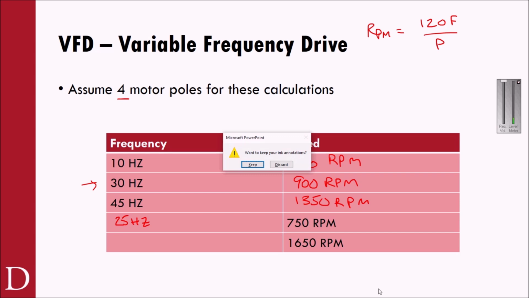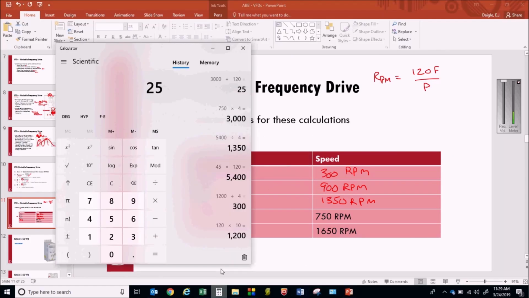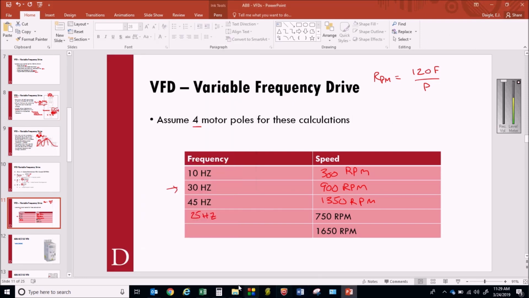And let's do the last one here. Keep my annotations here for a second. I've got 1650 RPM. I'm going to multiply that by 4, again getting the 4 off of this side. Then I'll divide by 120. I get 55 hertz.